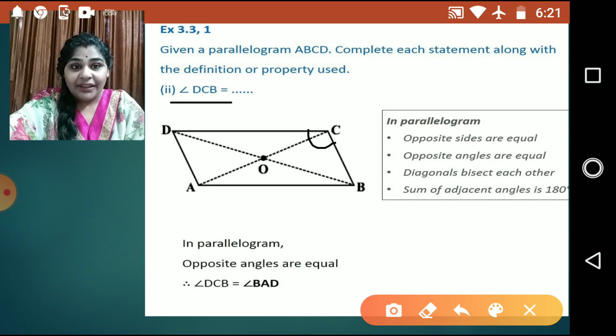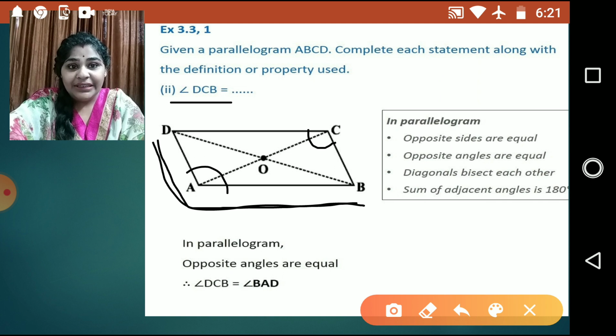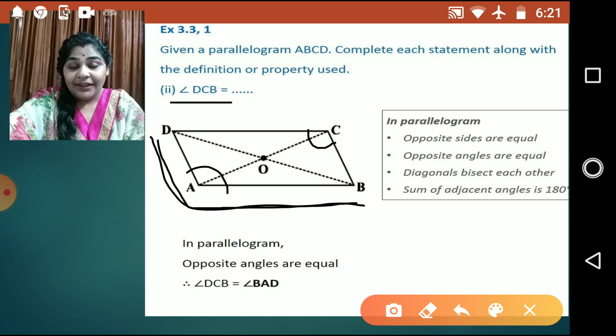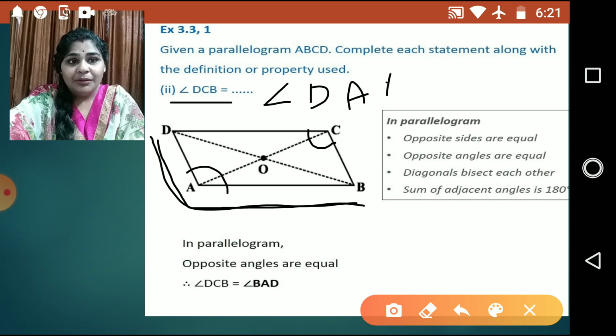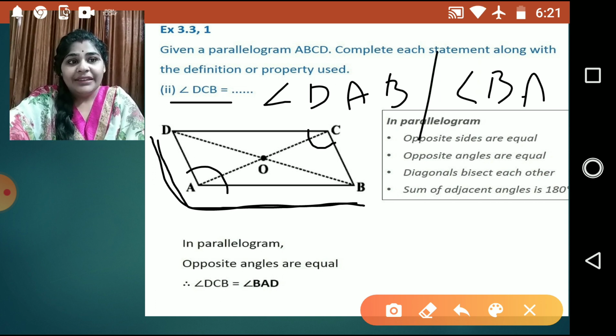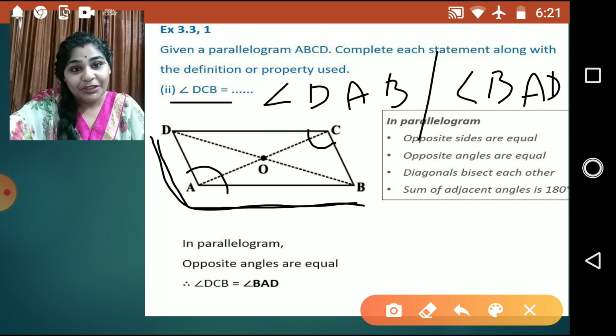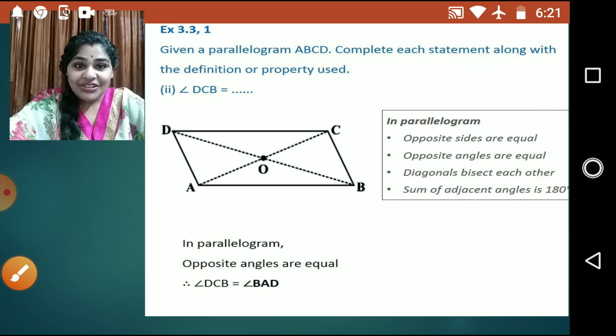The opposite angle to angle DCB will be angle DAB, or you can also say angle BAD. So I can complete my statement by writing angle DCB is equal to angle DAB or angle BAD. Anything will do. I hope this is very clear, very easy, children.